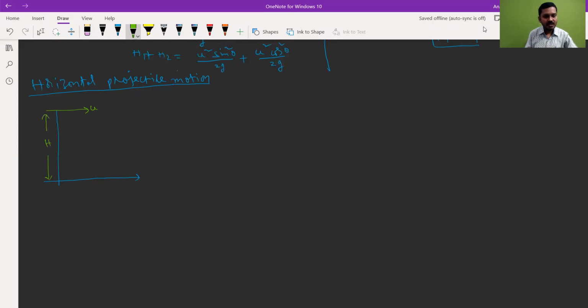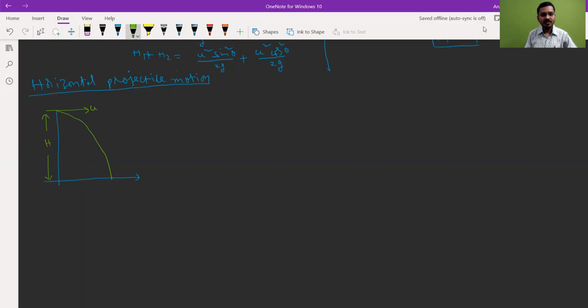Then the velocity of projection along the x direction remains constant, but the velocity of the body along the y direction is initially equal to 0, so the body is moving horizontally only. After that, the body moves along a parabolic path. So like this, we can draw in the diagram.